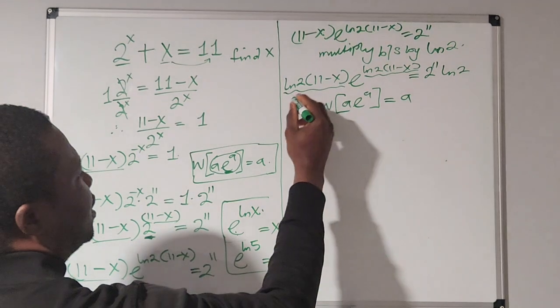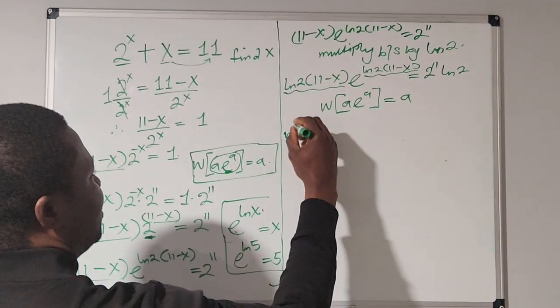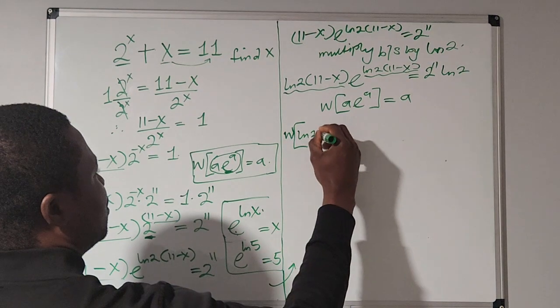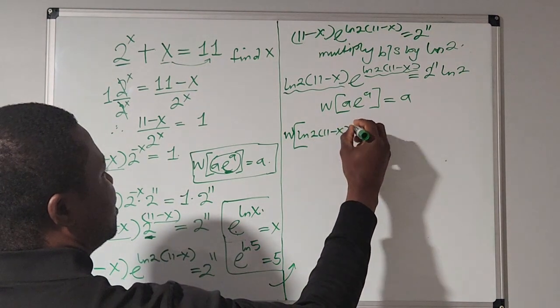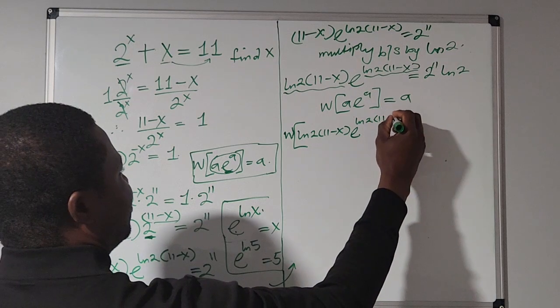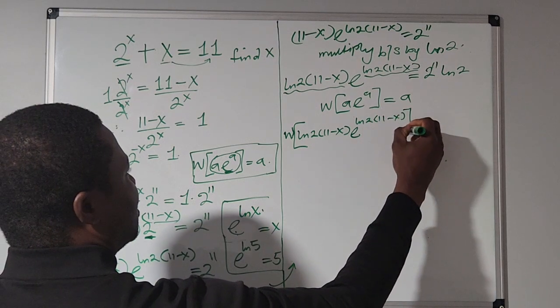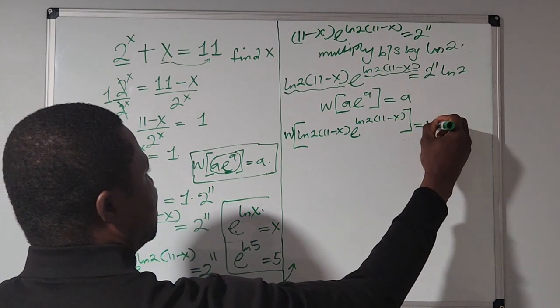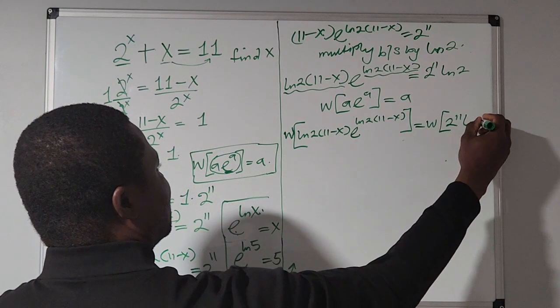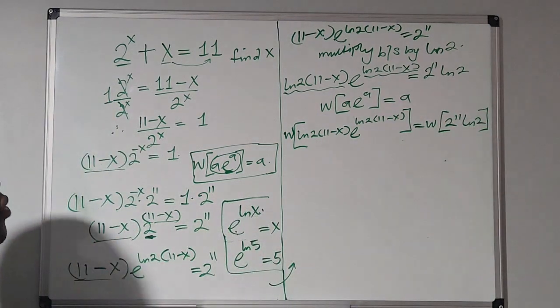So this now becomes, applying the Lambert's rule, ln(2^(11−x)) e^(ln(2^(11−x))) equals W(2^11 ln 2).